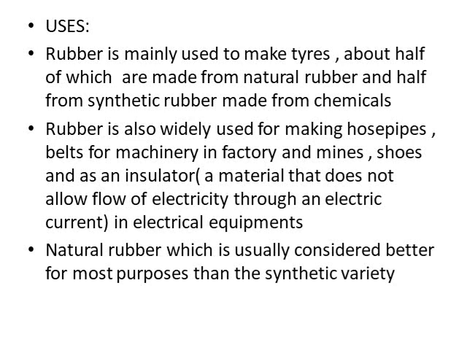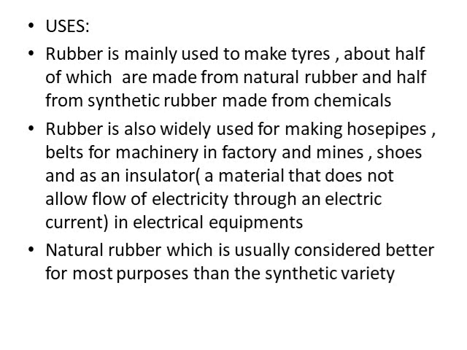Uses. What are the uses of rubber? Rubber is mainly used to make tires, about half of which are made from natural rubber and half from synthetic rubber made from chemicals. Next use is rubber is also widely used for making house pipes, belts for machinery in factories and mines, shoes, and as an insulator.